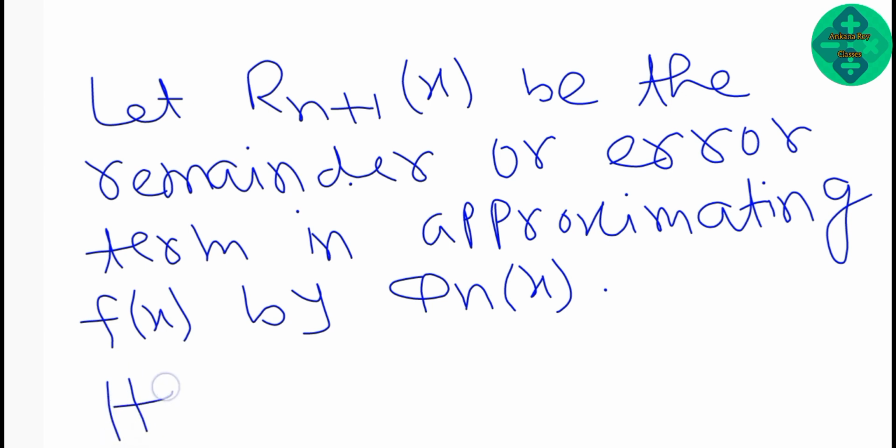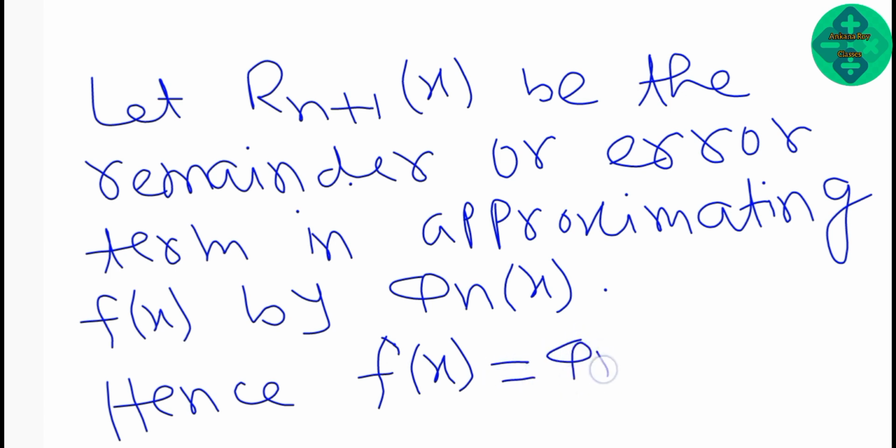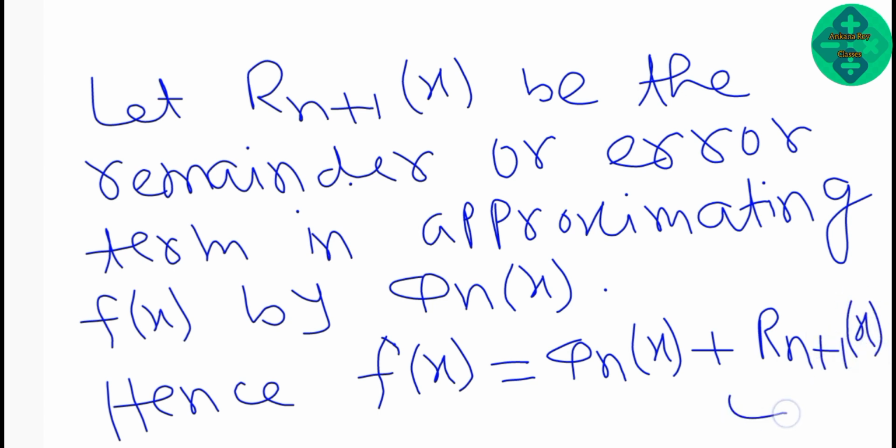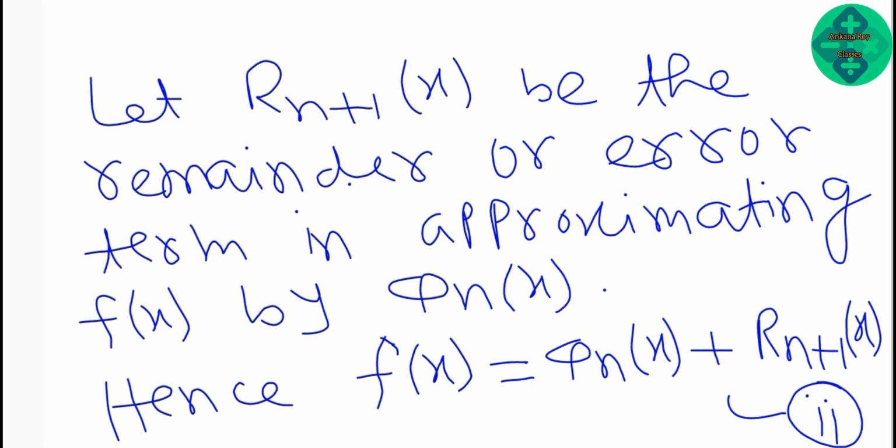Hence, f of x is equal to phi n x plus R n plus 1 x. This is equation 2. That is, the exact form of f x is equal to the approximate form of f x, that is phi n x, plus R n plus 1 x, that is the error.